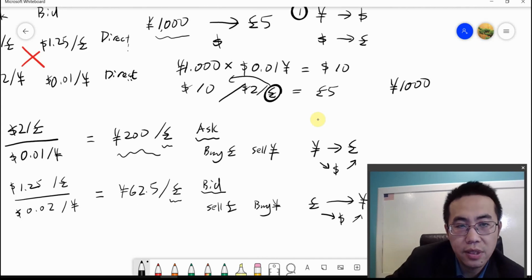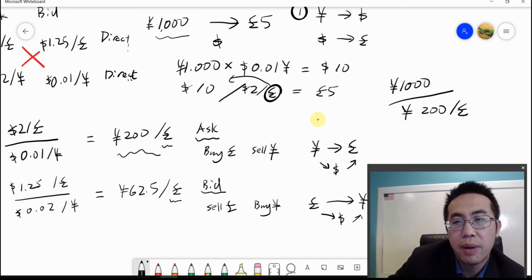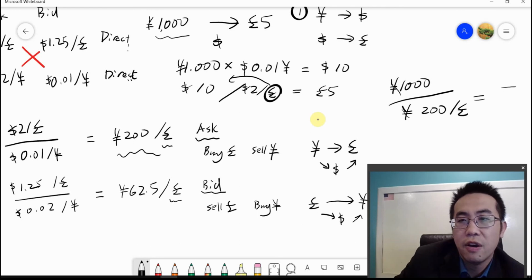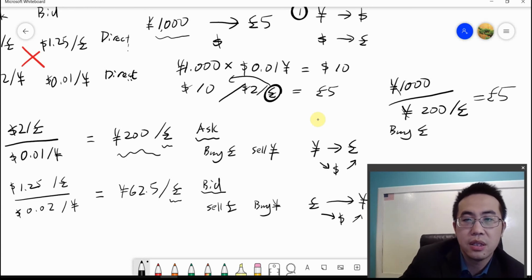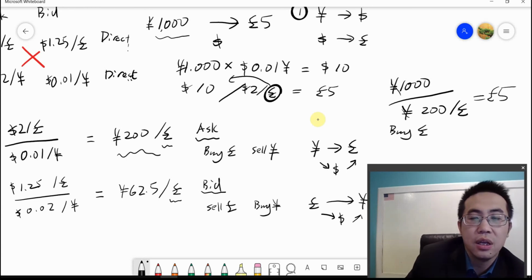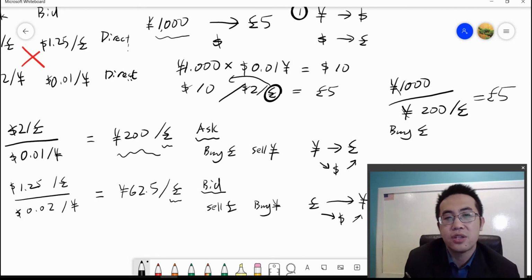If you have this price, you're going to divide it by 200 yen per pound. So yen and yen get canceled. So this would give you £5. Divide the ask. You are buying British pound. Okay, you are buying British pound.